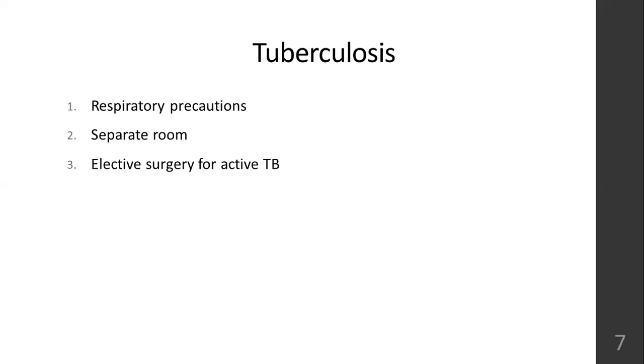In an emergency, using all the precautions, surgery has to be done to save the patient's life. But if it is not an emergency, you still have breathing time to decide on a surgery. Make sure the patient is getting cured of TB as soon as possible, and then you can proceed with the surgery if the time frame allows it.